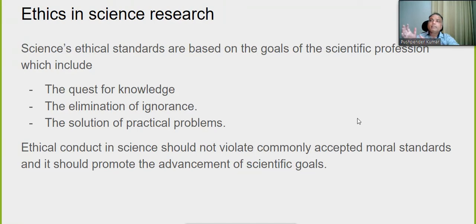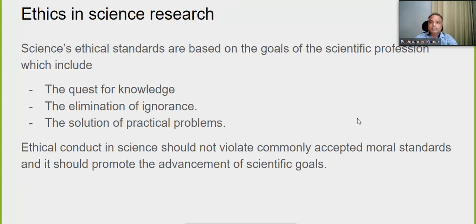Your ethics come with your science, and science comes with your ethics. If you develop that kind of relationship, then your output, your research, your process will be acceptable to the society, to the community.